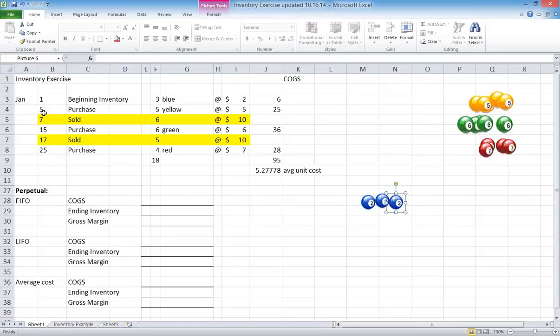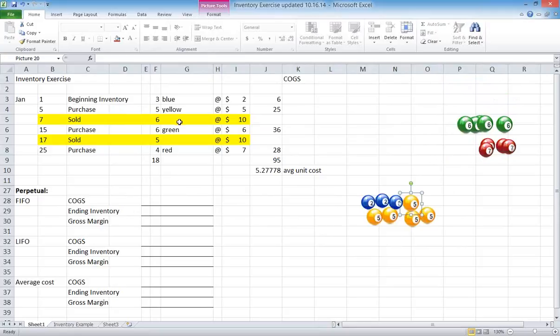And then on January 5th, I purchased the 5 yellow. I'm going to pull those down. So right at this moment, my available for sale is going to be a total cost of $31, and it is 8 units.